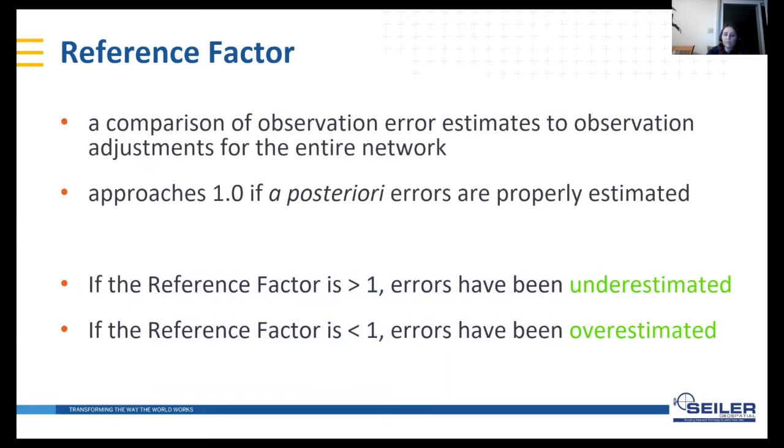The reference factor is the square root of the sum of the weighted squares of the residuals. These are just different formulations that we calculate. You will see in the network adjustment menu that the reference factor should be between two values. If it's greater than 1, the errors have been underestimated. If it's less than 1, they have been overestimated.